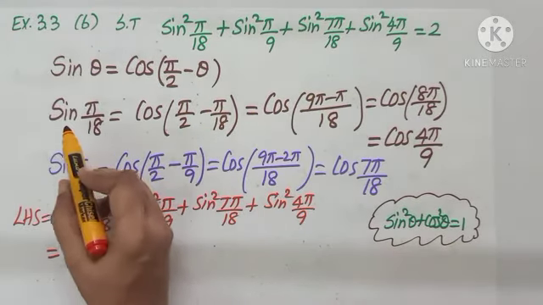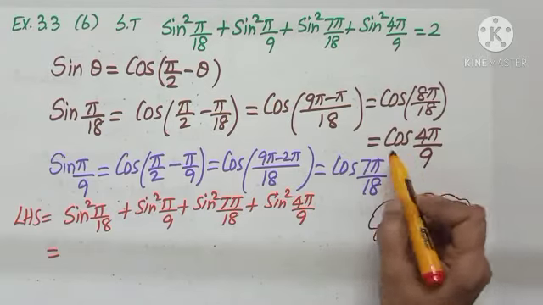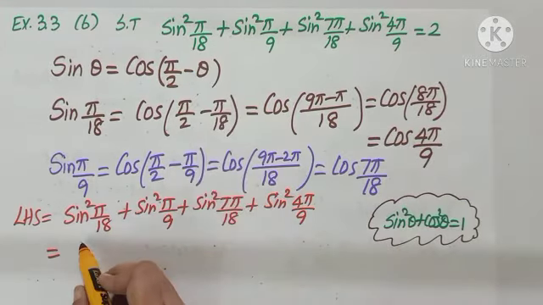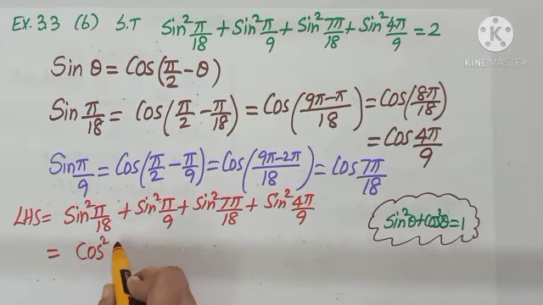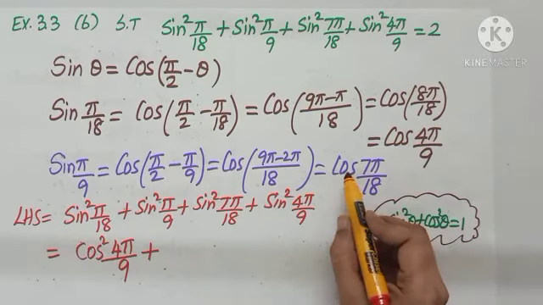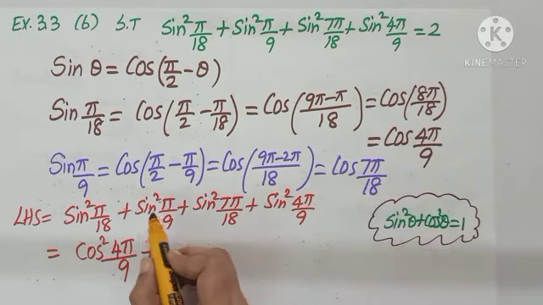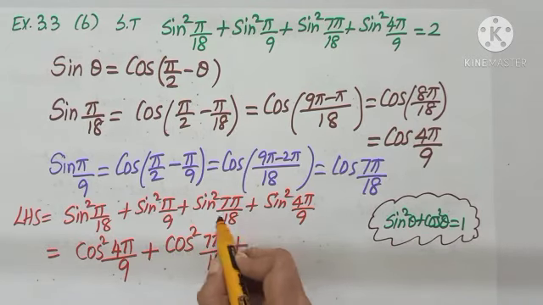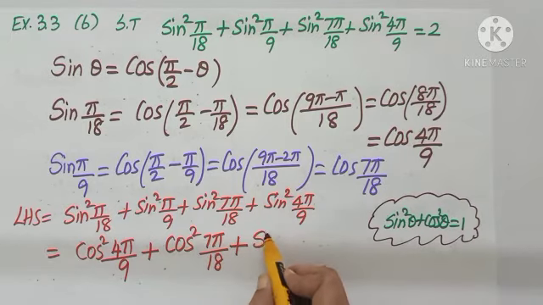In the place of sine pi by 18, we write cos 4 pi by 9. Square tells me cos square 4 pi by 9 plus, for sine pi by 9, we write cos 7 pi by 18. So this becomes cos square 7 pi by 18 plus the remaining 2 write as it is.